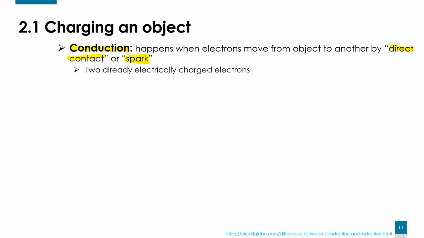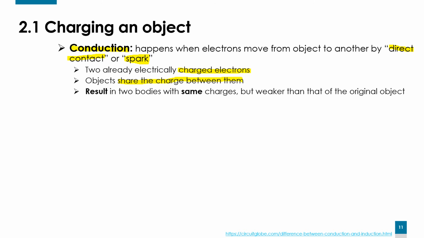In this case, I already have two electrically charged objects and they share their charge between them. When they touch each other, they share this charge. What's going to result? It's going to result in two bodies with the same charge, but weaker than the original object.